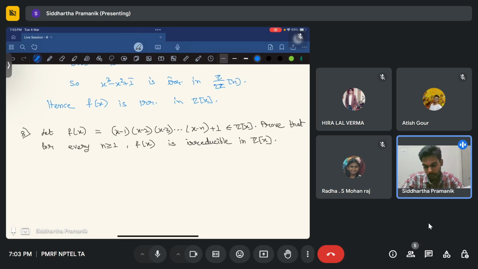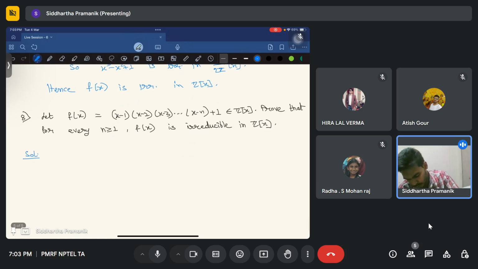One general thing I can say is if you cannot find any particular method, try for contradiction. Okay, so let's see this. Suppose f(x) is not irreducible in Z[x].